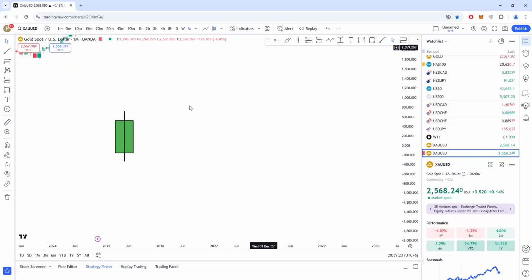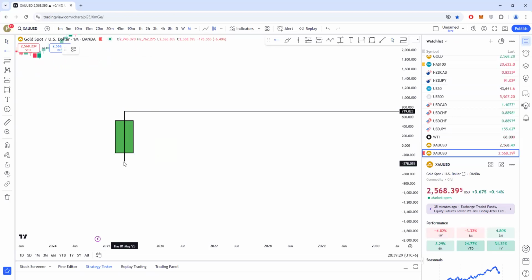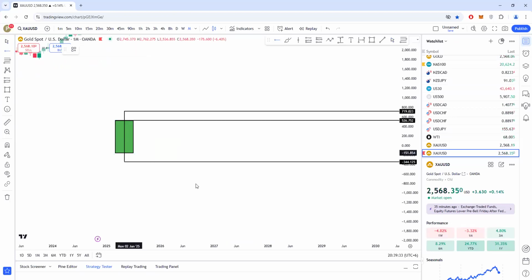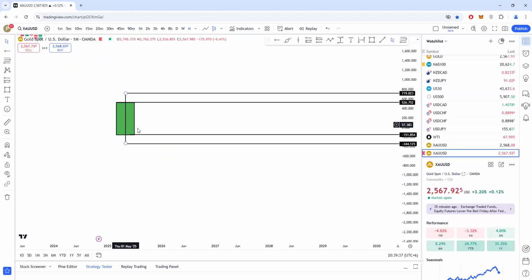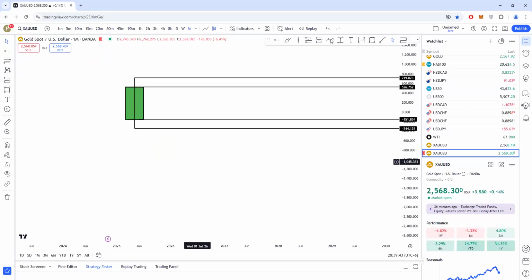Now, if you look at this particular candle formation, every candle has four parts. Now, as it is a green candle, this is the starting of this green candle, which is this particular area.